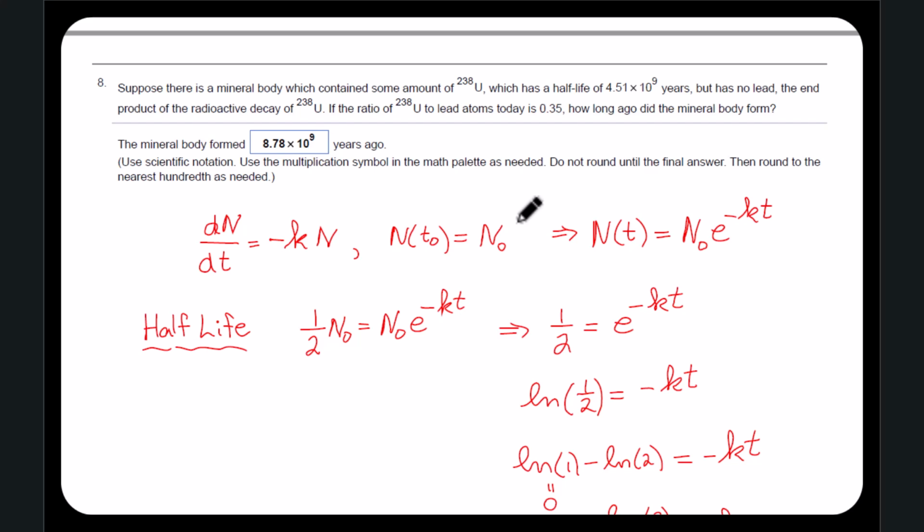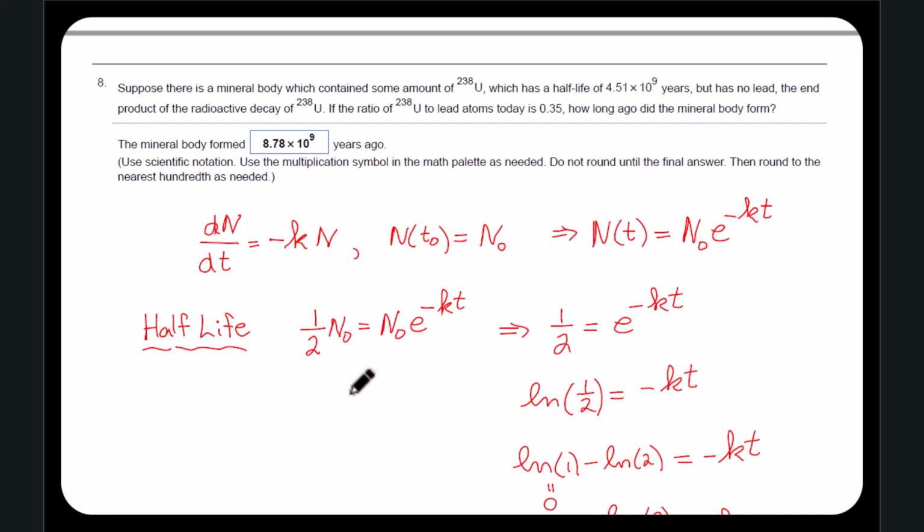Now, while we do know the half-life, we don't know k. K is sort of the rate at which it is decreasing. So if we use the knowledge of the half-life, where we initially start with an amount N0, the half-life means we have lost half of the substance.